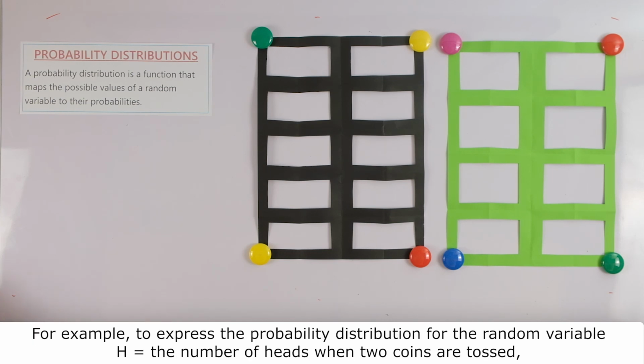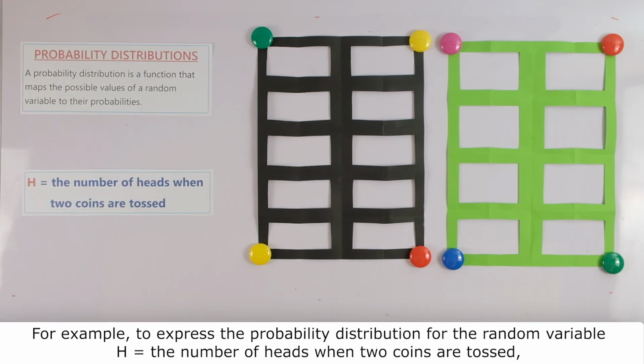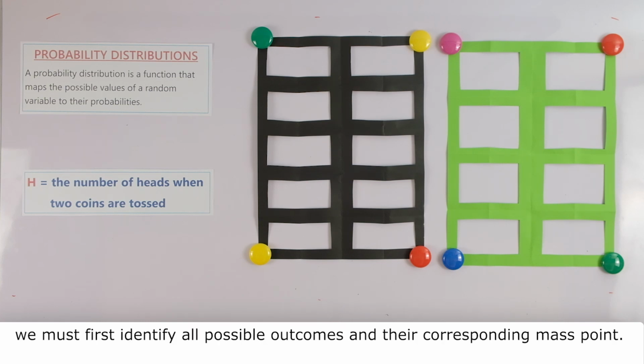For example, to express the probability distribution for the random variable h, which is described as the number of heads when two coins are tossed, we must first identify all possible outcomes and their corresponding mass points.